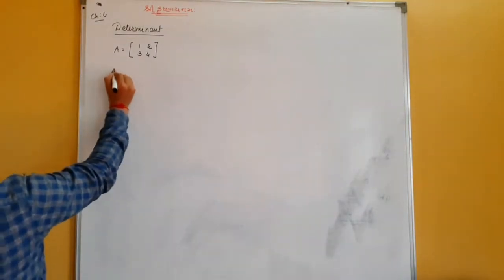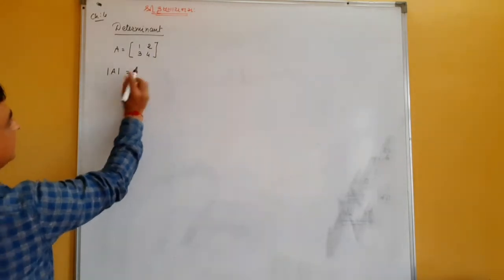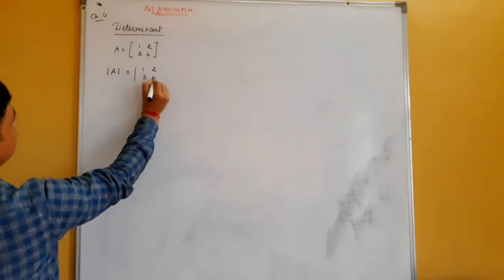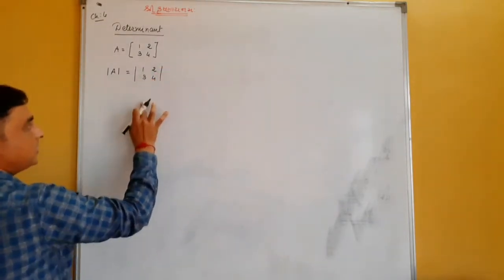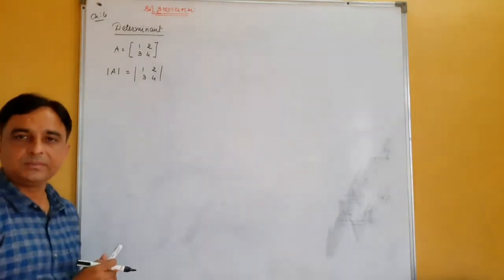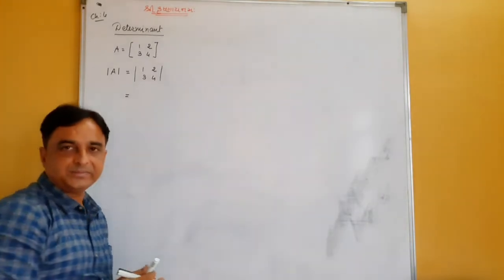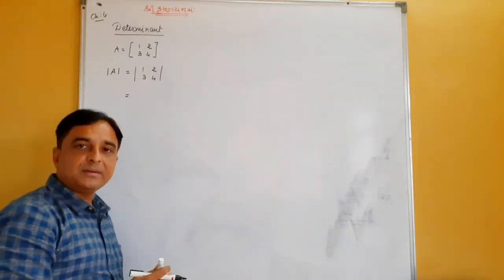The determinant of A is written with the same first row, first column, second column. The value of a determinant can be found. A matrix has no value, but a determinant has a value.